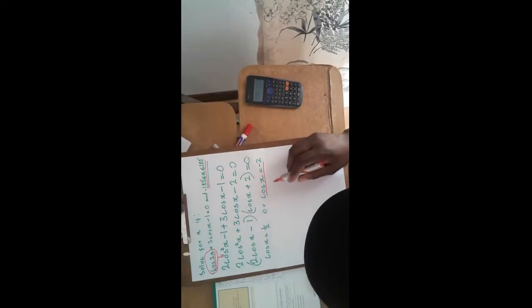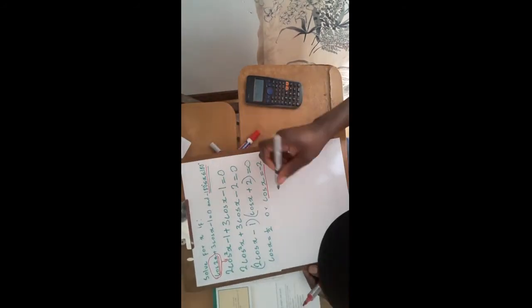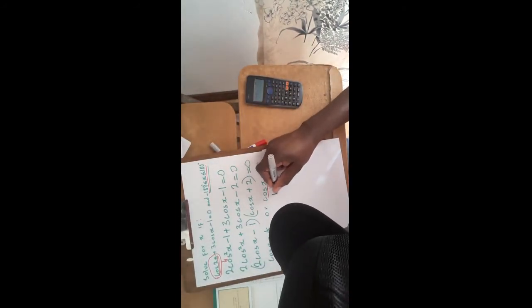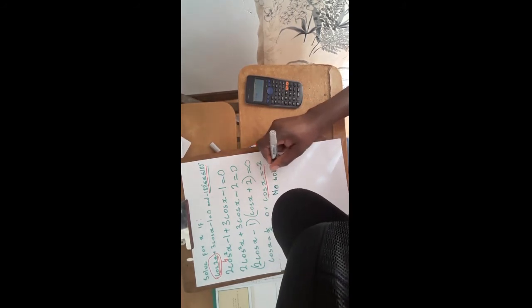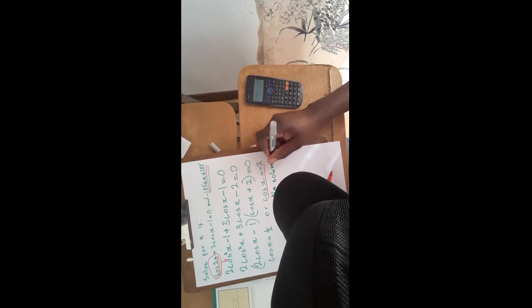Right, and then we continue to solve for x, where our cos x equals to -2 will give us no solution. Then we write no solution.